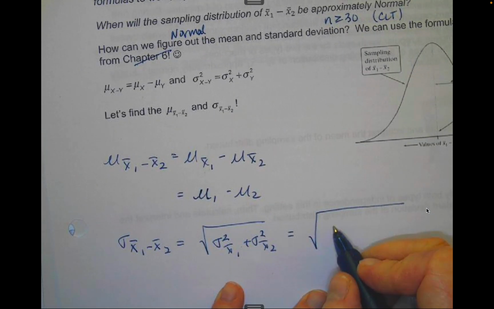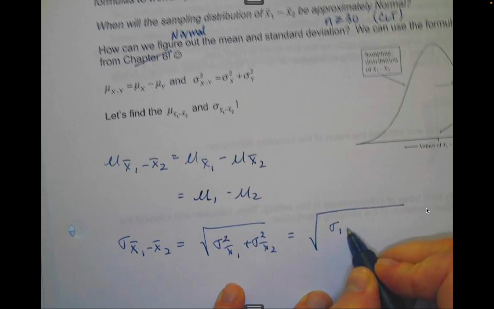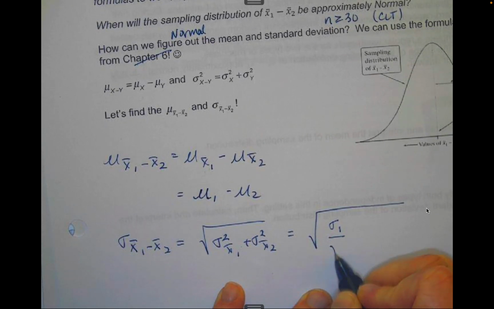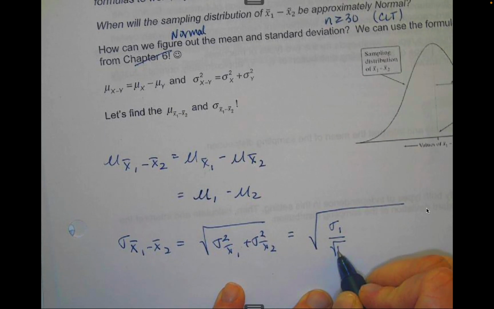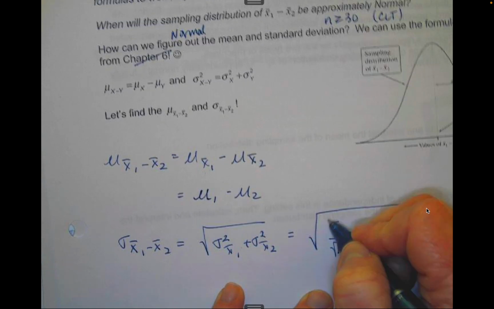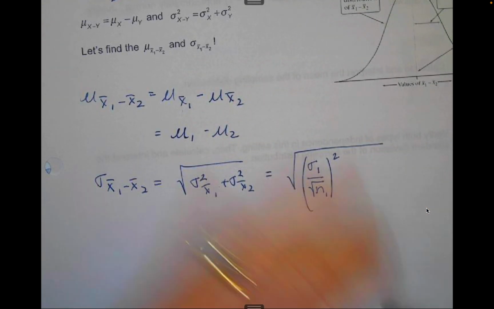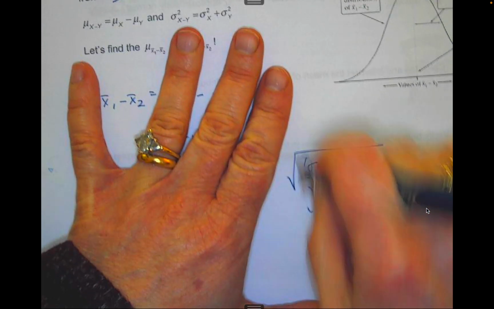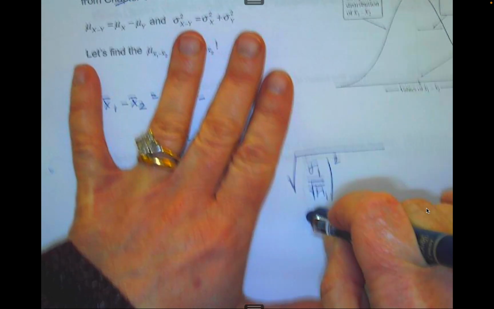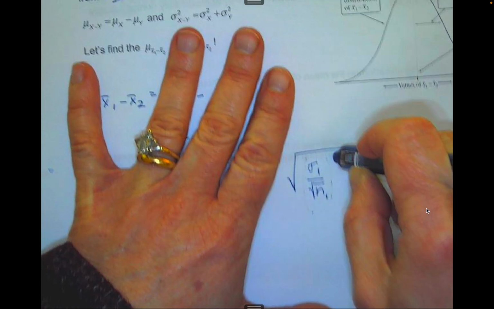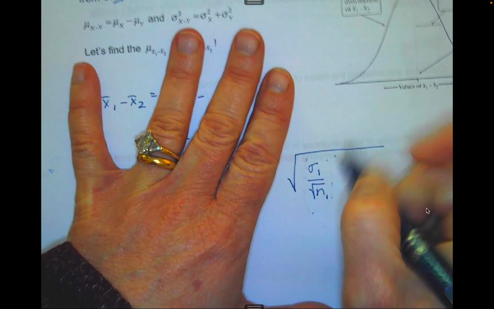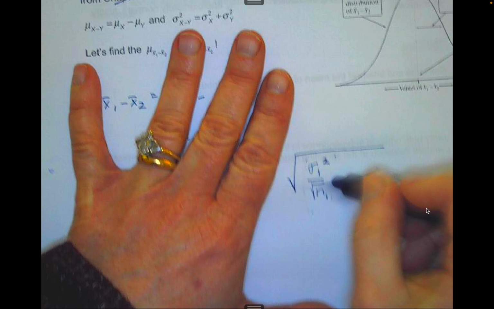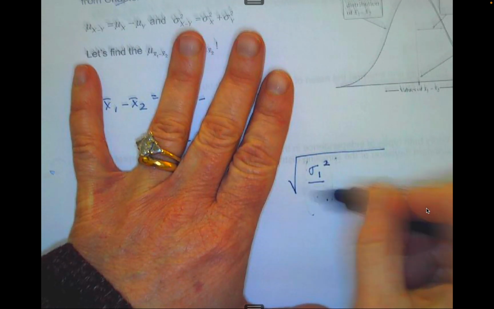So you'd have sigma 1 over n1, I'm trying to write it like how it's on the formula sheet, but you would square this. What happens when I square it is that the numerator is squared, but then the denominator, the square root's gone. Does that make sense what I did?